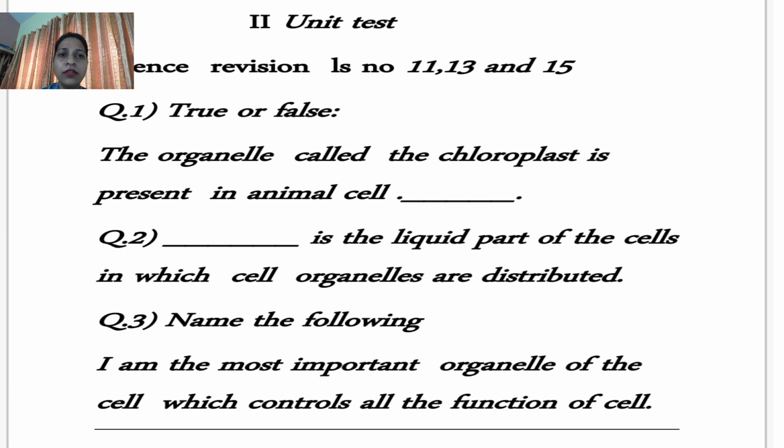The organelle called the chloroplast is present in animal cell, and then you put a dash for the answer. The spelling you can see on the screen.